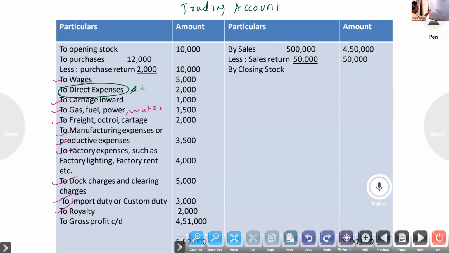No need to study them separately. Manufacturing, productive and factory expenses do not need separate calculation; any factory expense goes in the trading account only. Also freight, octroi, cartage, import duty, custom duty, royalty. Credit side has only two items, sales minus sales return and closing stock.